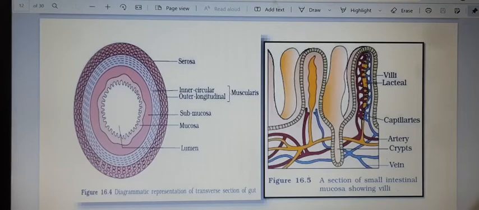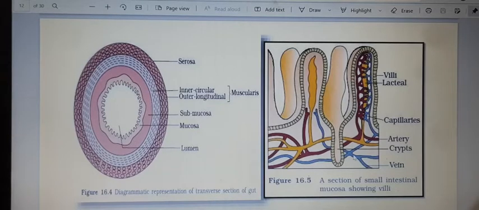Then this is the section of this diagram, a part of this diagram shown here. We can see here the villi, this villi which are seen here in the mucosa.